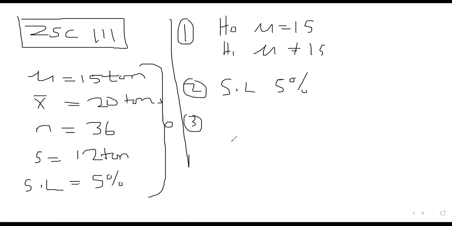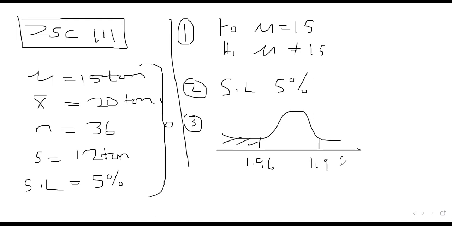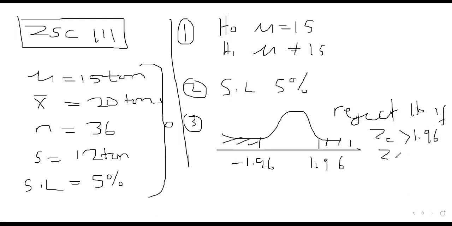Based on the 5%, the critical value is negative 1.96 here and positive 1.96 there. So you make a statement to say reject H0 if our Z calculated is greater than 1.96 or our Z calculated is less than negative 1.96.